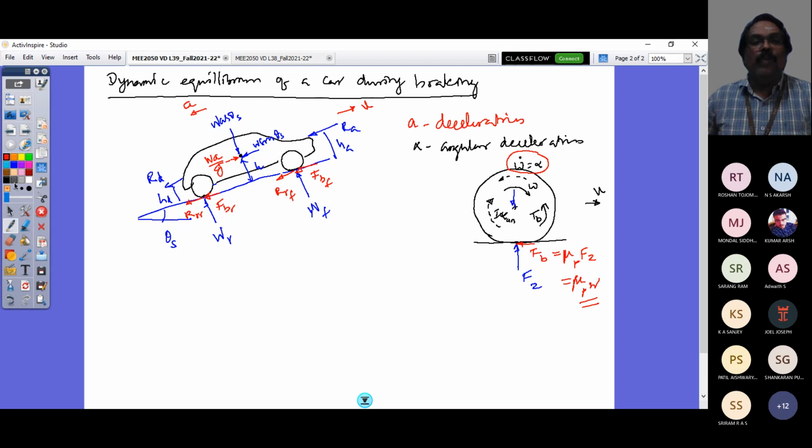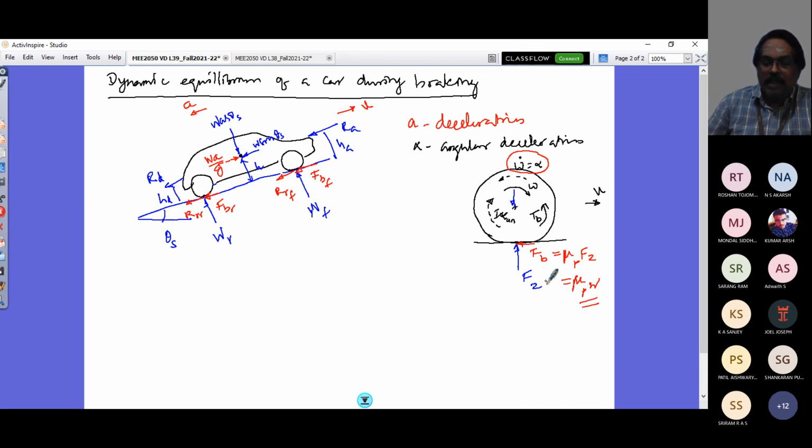So if I take moments about the center of my wheel and equate to 0, I would have FB into R, where R is the rolling radius. I'm going to take counterclockwise moment as positive.